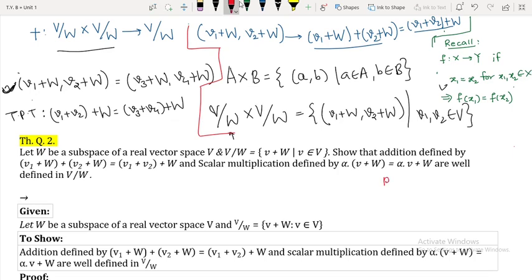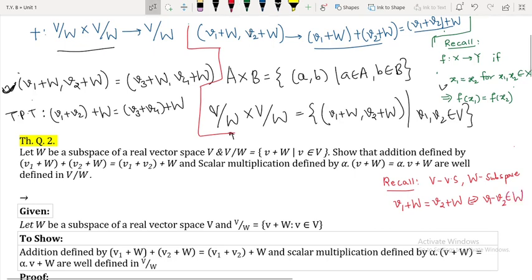Now let us recall the result that we have seen last time. So if V is a vector space and W is a subspace, then we have already proved that V1 plus W is equal to V2 plus W if and only if V1 minus V2 belongs to what? W, right?